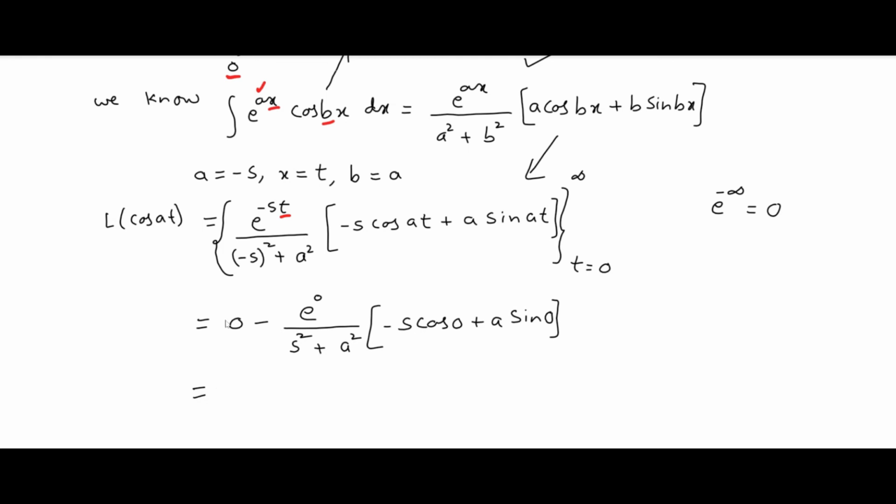So if you try to rewrite, 0 you can just ignore, we will be getting minus e power of 0 will be 1, divided by s square plus a square, times of, so we know the value of cos of 0 is 1 and sine of 0 will be 0.